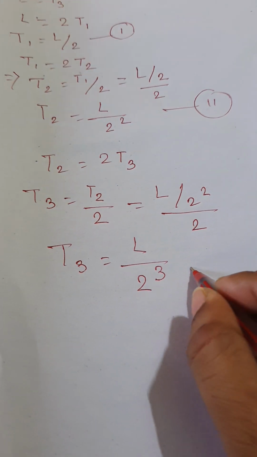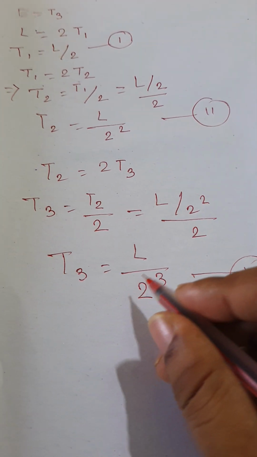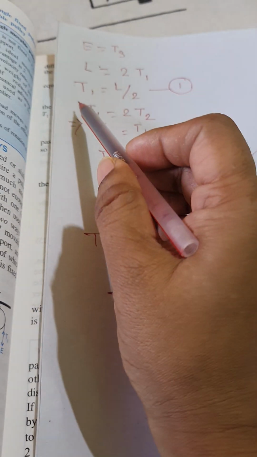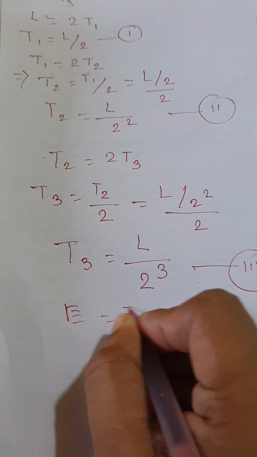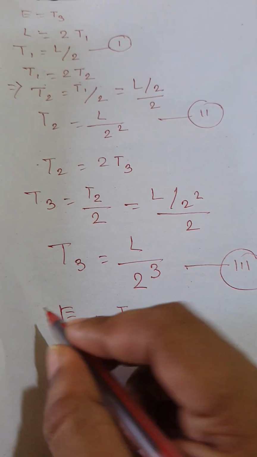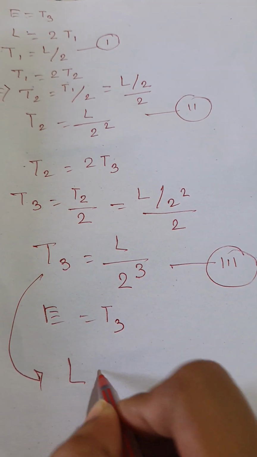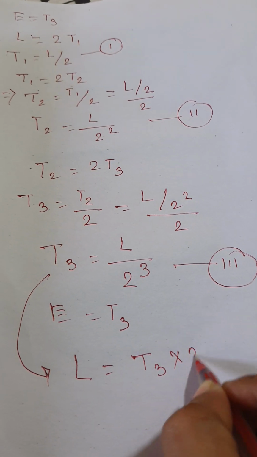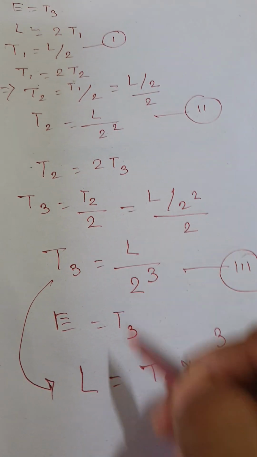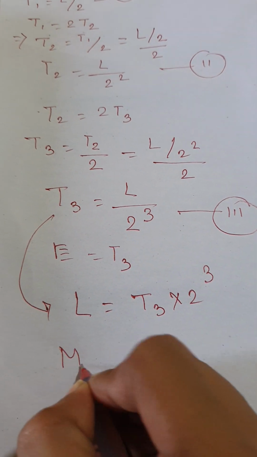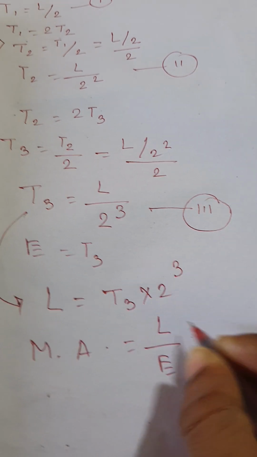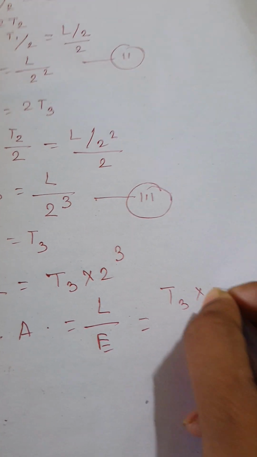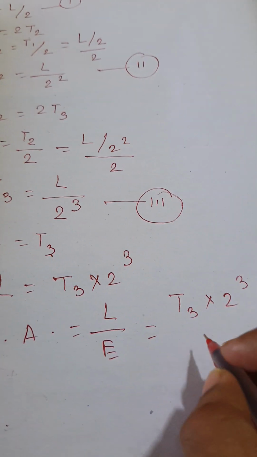Easy children? So in equation 3 we got T3 is equal to L by 2 to the power 3, and effort is equal to T3. From here load is equal to T3 into 2 to the power 3. Mechanical advantage is equal to load by effort, so load T3 into 2 to the power 3 and effort only T3.